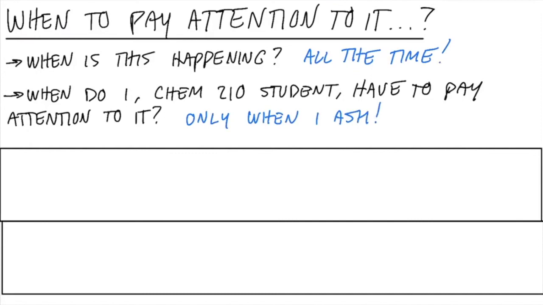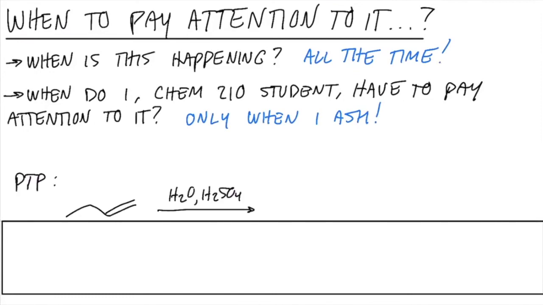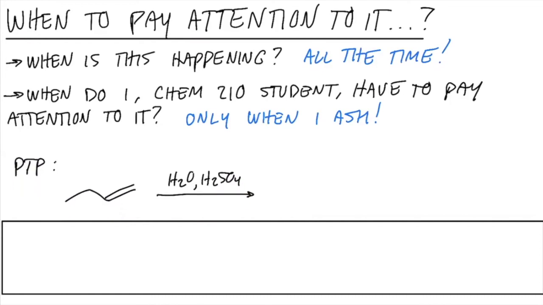So I have two example reactions that you might see in your homework or on an exam. So here's one. This is a predict the products question. I'll just move this up a little bit higher. There we go. And I'm asking you to do here the addition of water to this alkene. And if you just see this, that looks pretty much like what we've seen so far.